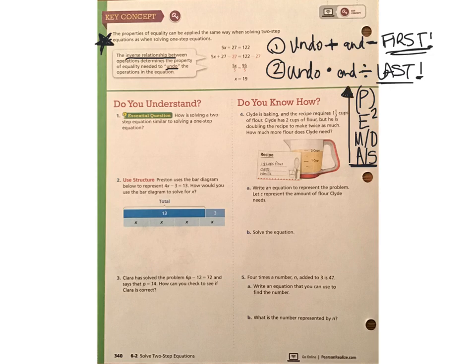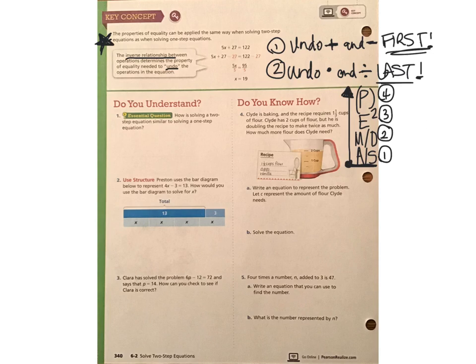So you'll notice that addition and subtraction come first. That's step 1. Step 2 would be looking for multiplication and division. Step 3 would be checking to see if we have any exponents. And step 4 would be undoing where we see grouping symbols like parentheses. So the order of your steps is going to be backwards from your order of operations when you solve an equation.